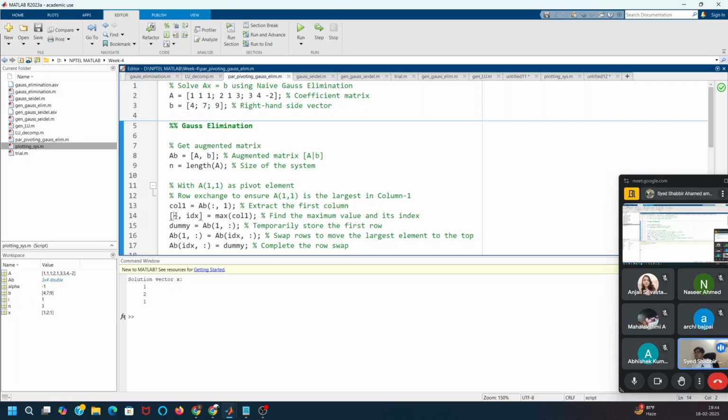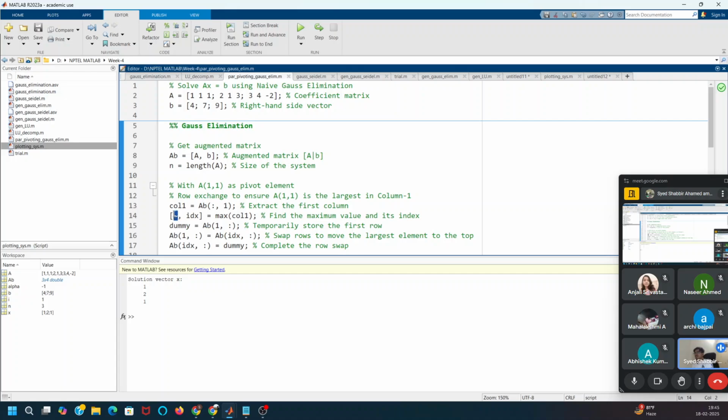So I'm just using this symbol, because I'm not using the maximum value of column one. I'll just use this symbol to store the maximum value of column one. Because if I assign the maximum value of column one to dummy and again assign the first row to the dummy, it becomes confusing. So I'm just using this symbol.